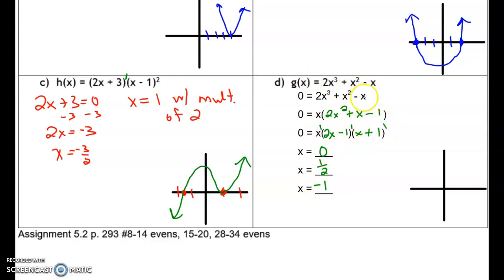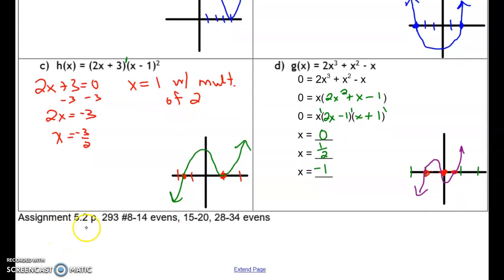So don't look at the original equation, look at the factored form. All right, so go ahead and try to see what that graph would look like. So all of them had an odd multiplicity, so it's just going to go through each of those points.